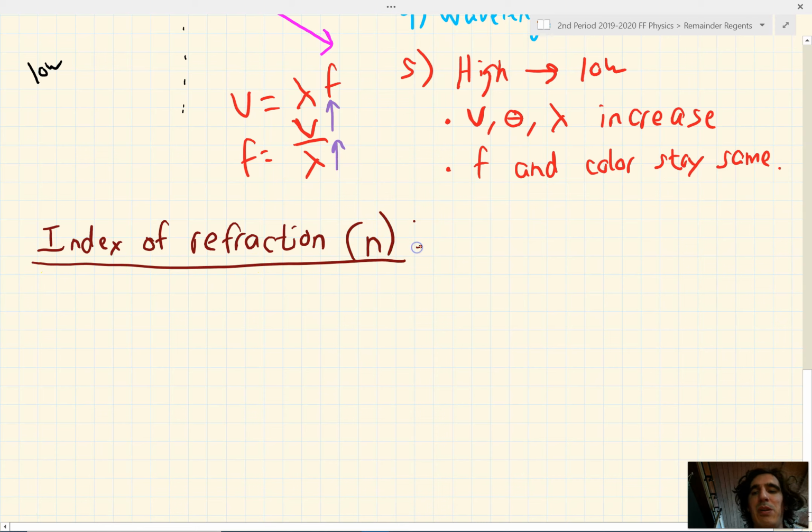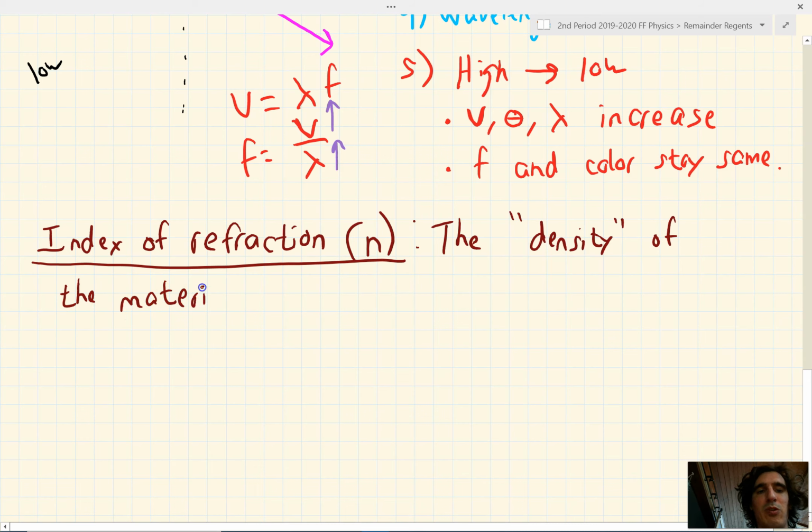And we'll just keep it simple, and we'll say that it's the density of the material or medium. And really what it's measuring is how easy is it for light to travel through. The more difficult it is, the slower light will travel. The easier it is, the faster it will travel.